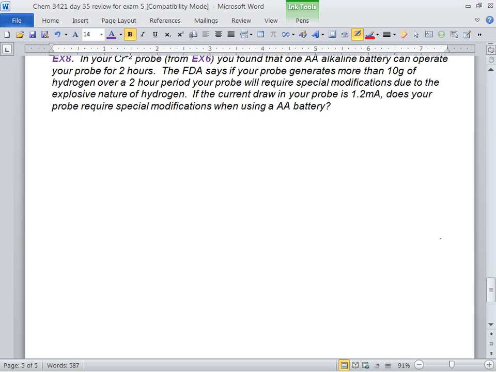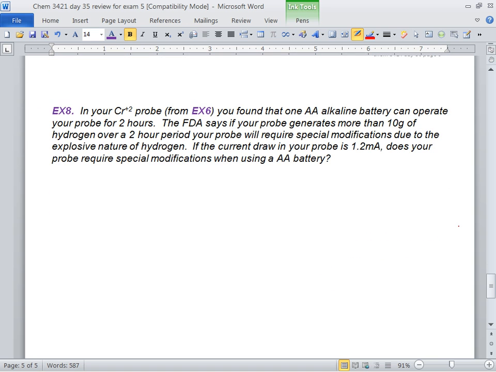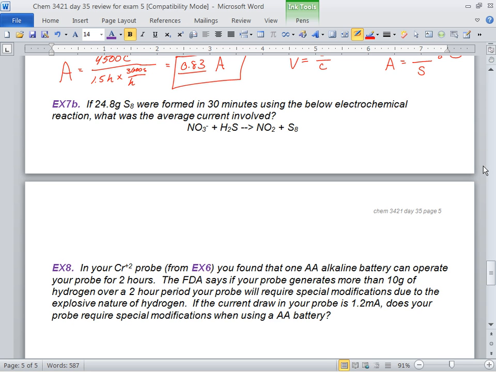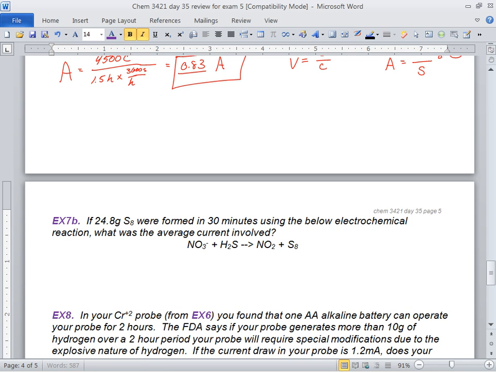There might even be another one. There's another one. Oh, they're using the chromium-3 probe again. The 7B looks kind of cool. We just did it. You do that one? No. But I think we wrote the... Where's the really hard one? What's nice about 7B is that we did a chunk of it already, right?